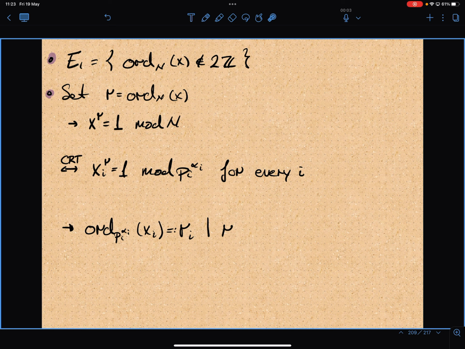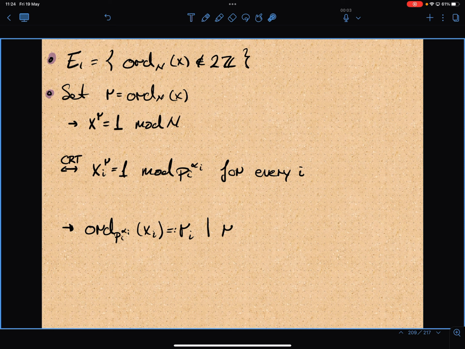By the Chinese remainder theorem, I have that xi to the r is equal to 1 mod pi to the alpha i for every i. And this means that the order of xi mod pi to the alpha i, which I denote ri, divides r.